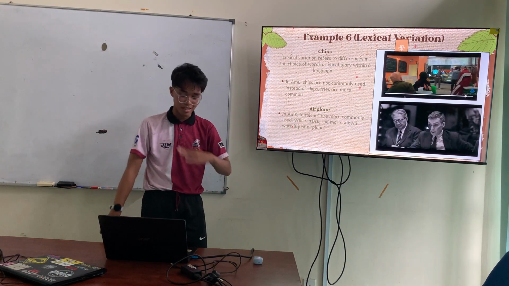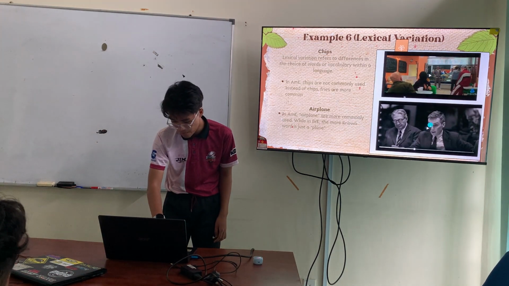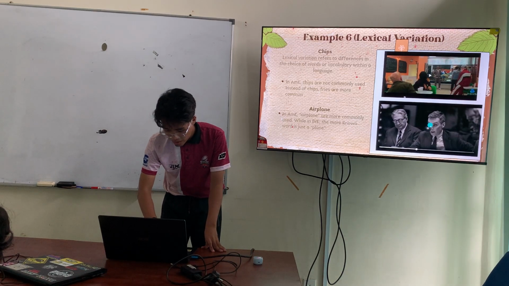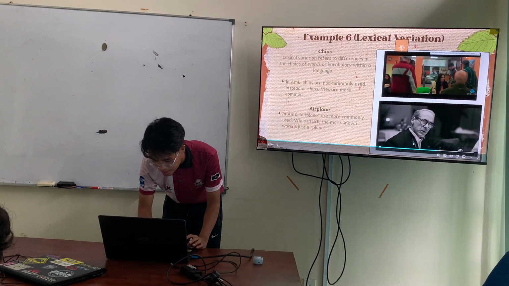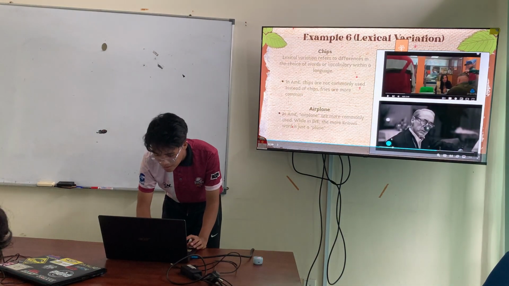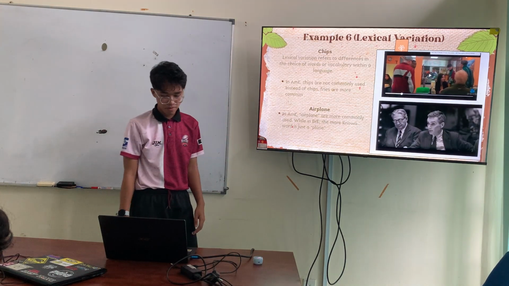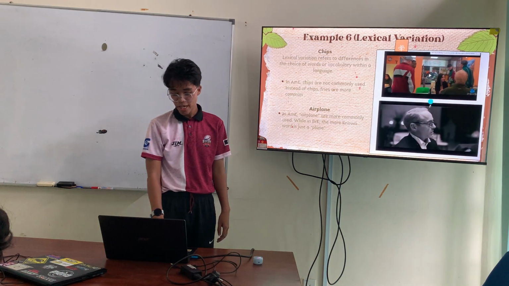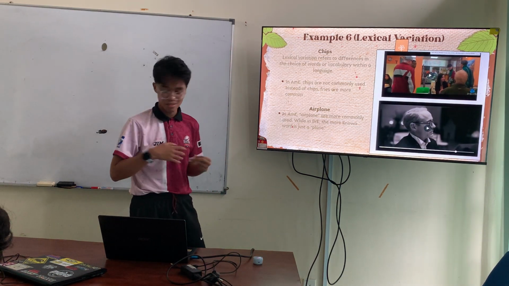Okay, now that's the first example. Now, as for the second movie, which is the Oppenheimer movie, an American movie. So the word airplane, I actually didn't know this until now.